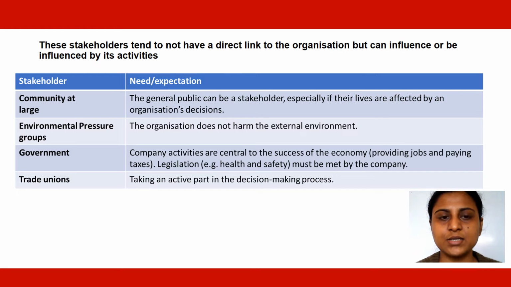The second set of external stakeholders would be government. The role of the government is to protect the workers and customers from the activities of the business and safeguard their interest. Now, a company's or an organization's activities are very important for the functioning of an economy, since they provide jobs and taxes.